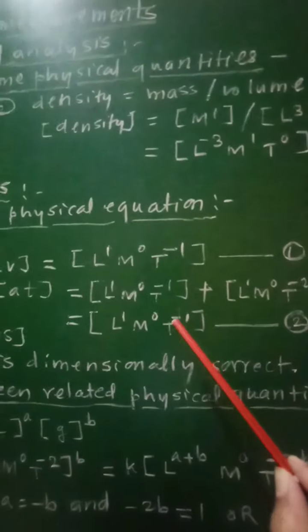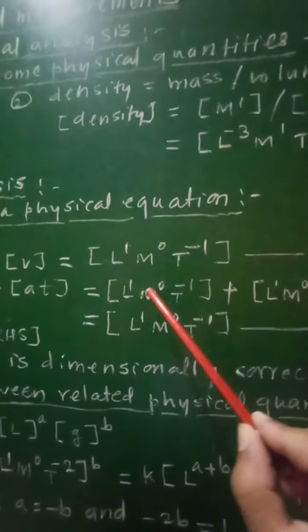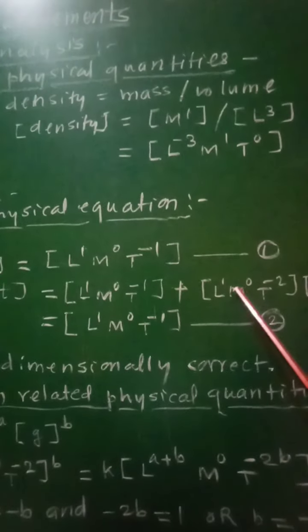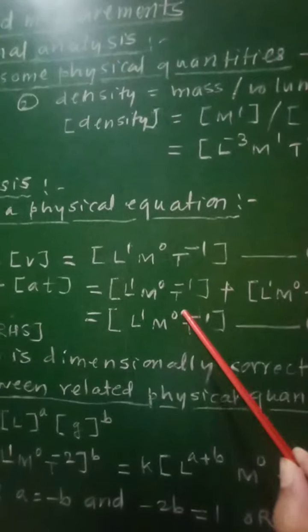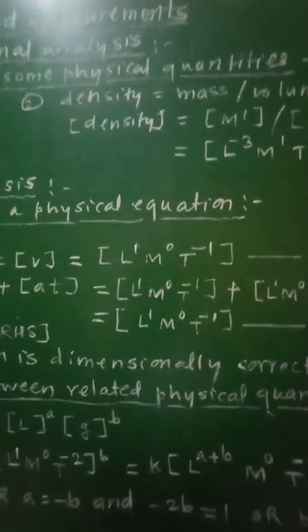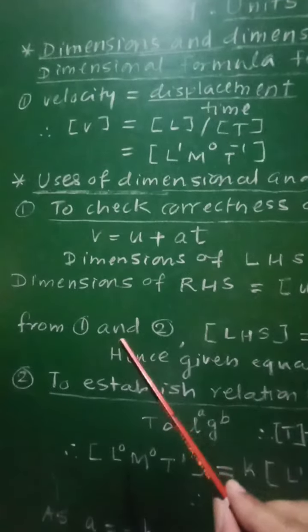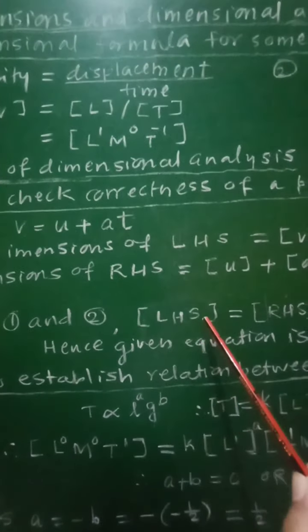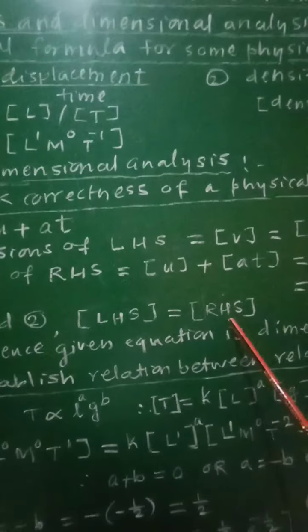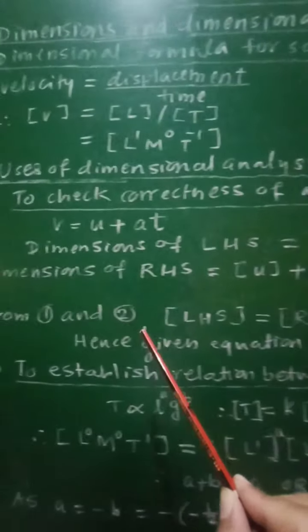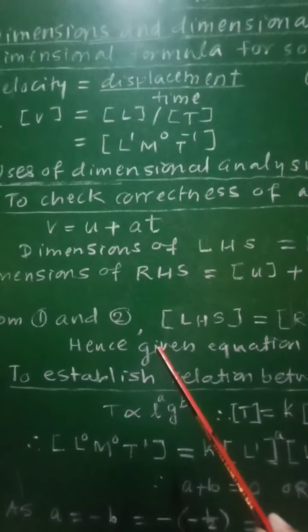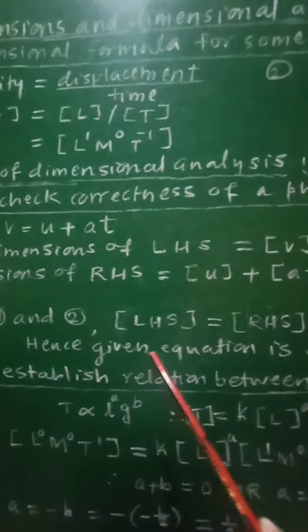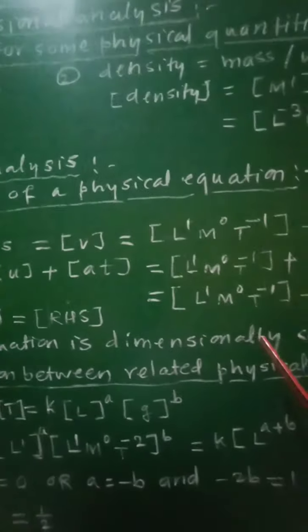That means the dimensions of v, the dimensions of u and the dimensions of at are the same, so the principle of homogeneity is valid there. And therefore, from the first equation and second equation, we have dimensions of LHS equal to dimensions of RHS, and hence we can say that the given equation v equal to u plus at is dimensionally correct.